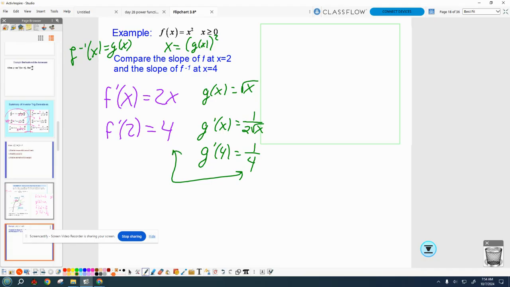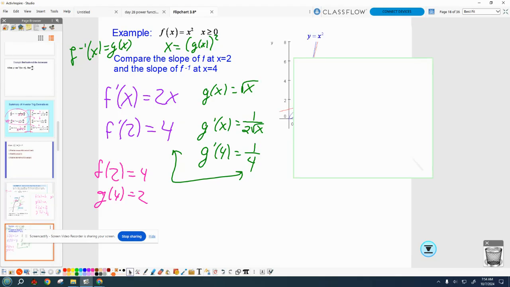I didn't quite show that the function at 2 is 4, the inverse at 4 is 2. See how they trade? And it looks really clear. This guy's rise and run switch. It's not negative reciprocals, they're just reciprocals for the inverses.